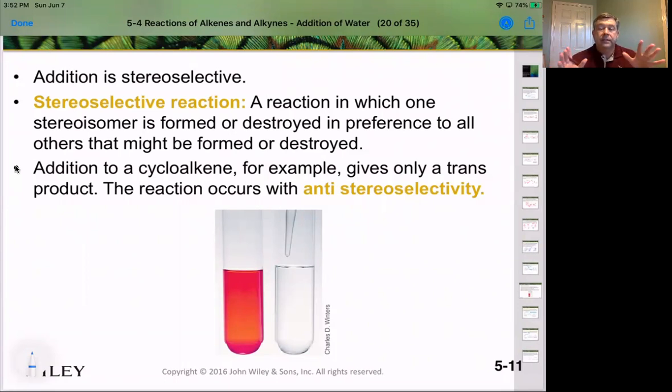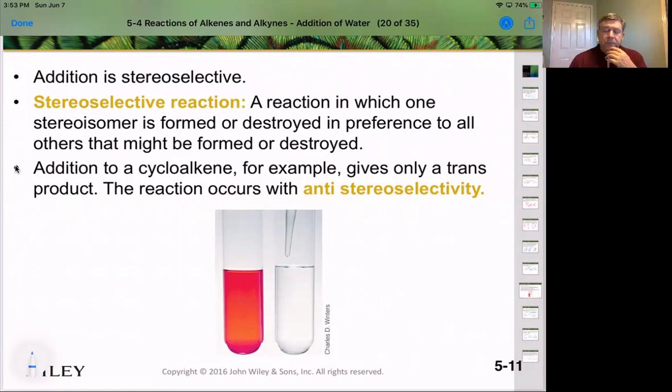And when we do this, we can actually see by using a cycloalkene that it only gives a trans product, meaning that bromine goes on one side of the ring and then it goes on the other side of the ring, which gives us what we call anti-stereoselectivity, meaning that one of the halides had to come from the top and one of the halides comes from the bottom because they're on opposite sides. They come on opposite sides, are anti, so they're anti-stereoselective, okay?